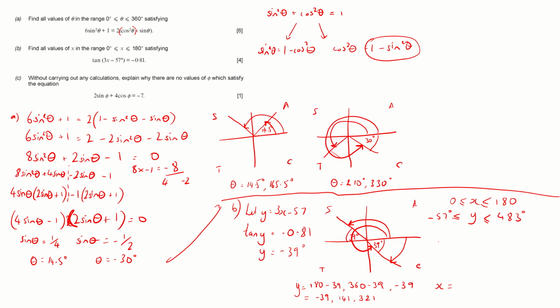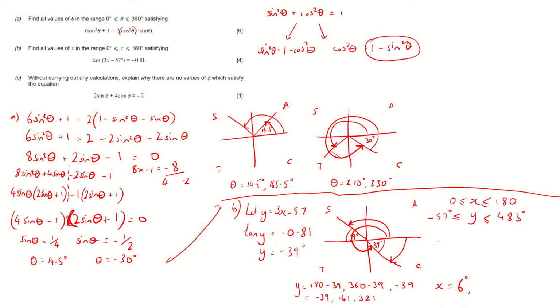So minus 39, I'm going to add 57. Then I'm going to divide by 3 to give you 6 degrees.